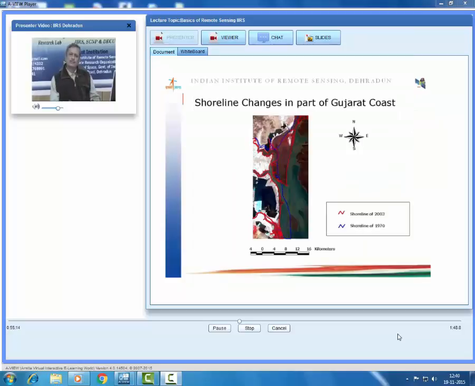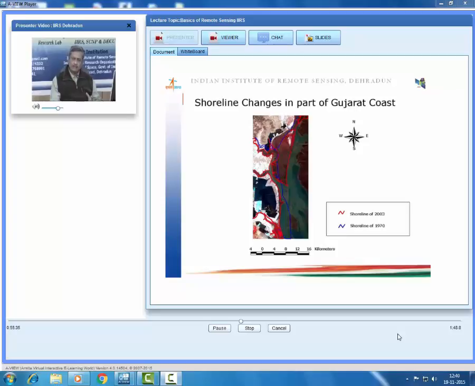Also using remote sensing data, you can do some work on how the shoreline is changing with time. This is a part of the Gujarat coast. The blue line is the shoreline from 1970 from toposheets. We have digitized the shoreline, and the red one is the shoreline of 2003. So from 1970 to 2003, this shows how the land and water boundary has changed with time.